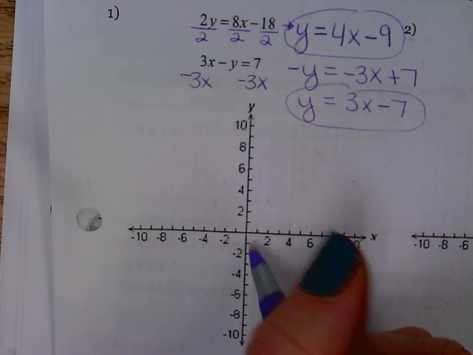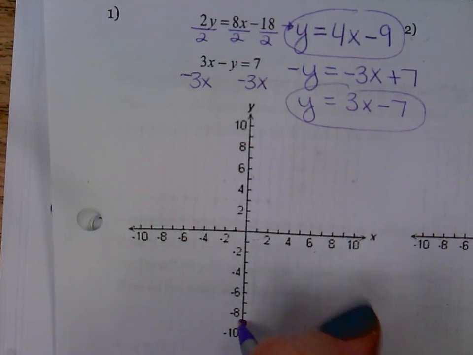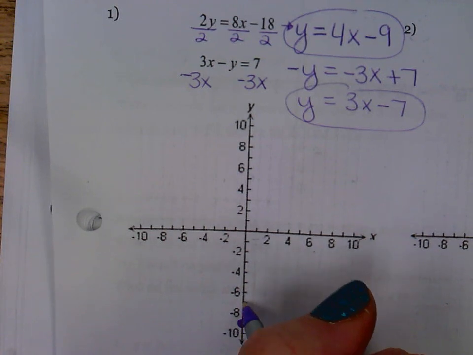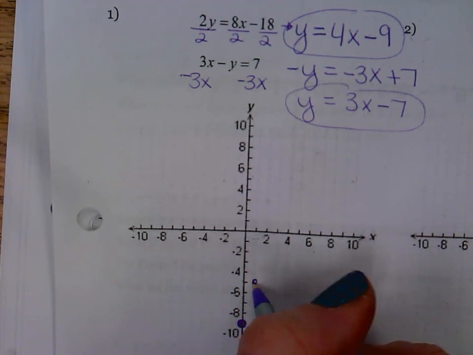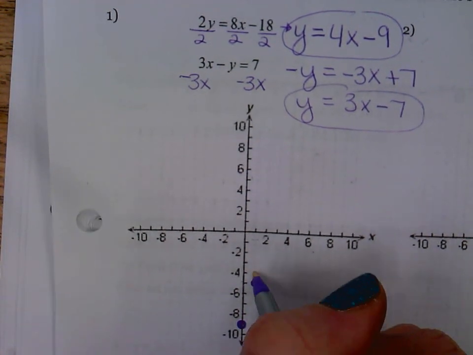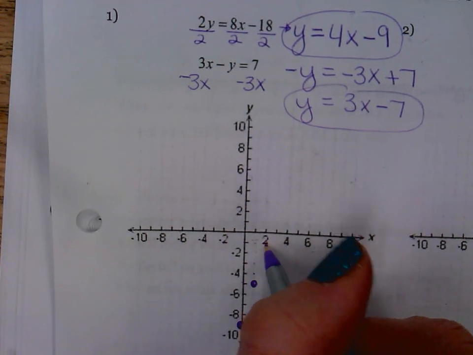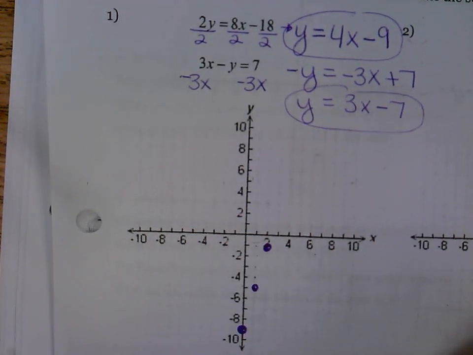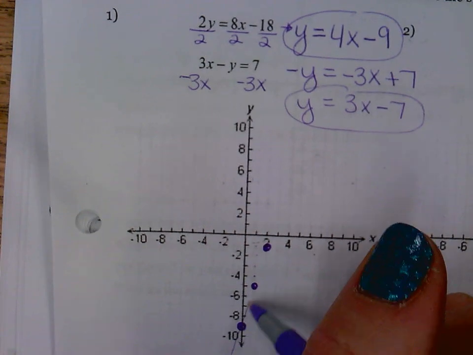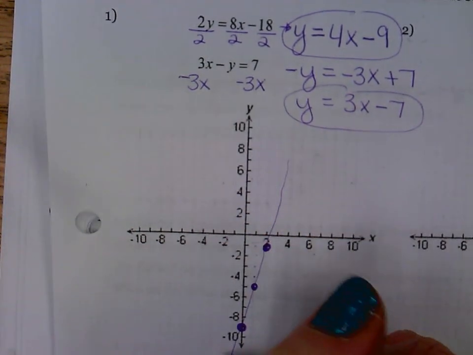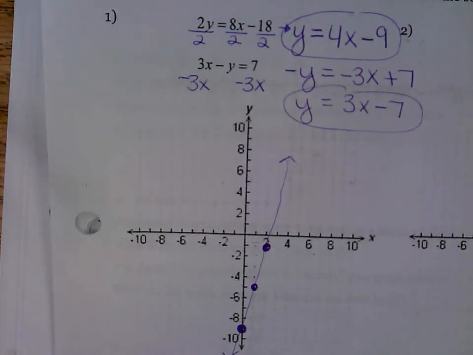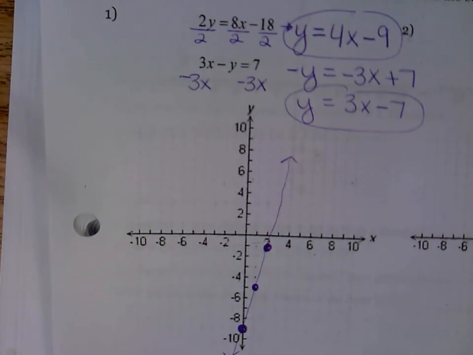So I start at negative 9, and I'm going to go up 1, 2, 3, 4 over 1, up 1, 2, 3, 4 over 1. I'm not sure how far I'm going to have to go, so I'll do those 3 points for now. Let's see. 3x minus 7. Do I have another color?